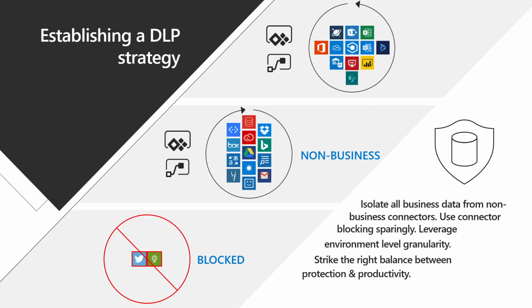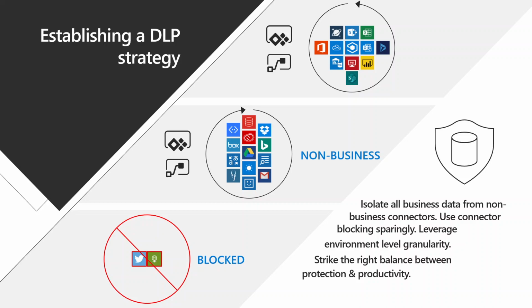Makers can continue to use SharePoint standalone, together with things like Outlook, to leverage that capability, but they can't use anything in the non-business category. Similarly, you can use Dropbox with Gmail or Dropbox with Box or Dropbox with SQL Server because they're in the non-business category.